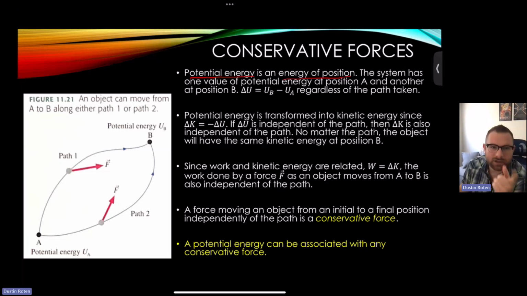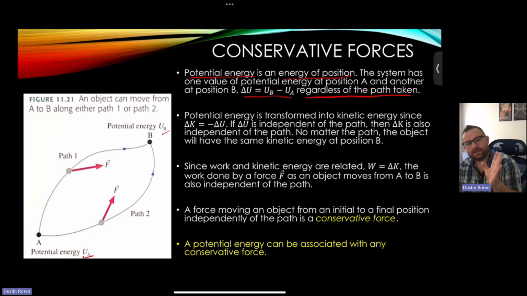So if we look at this arbitrary picture over here, this system has some potential energy at A and some other potential energy at B. So we can actually calculate the change in potential energy regardless of the path taken. That's simply just the difference of the two. It doesn't depend on the path taken, okay?